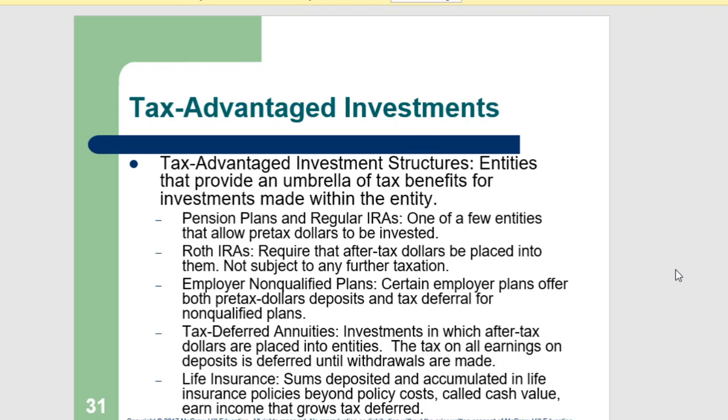Okay, so those are structures. And then investments that have tax advantages are tax deferred annuities, right? After-tax dollars are placed, and then the tax on earnings is delayed until the annuity pays. You're kind of buying into this product by paying money over time, and it's growing in value. They're investing on your behalf, and then at the end, they start cutting you checks, and you pay tax on the checks you get, but you weren't paying tax along the way.